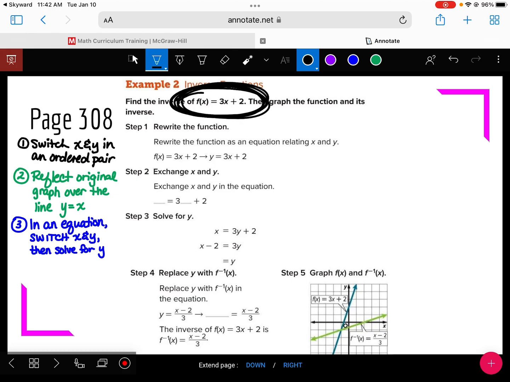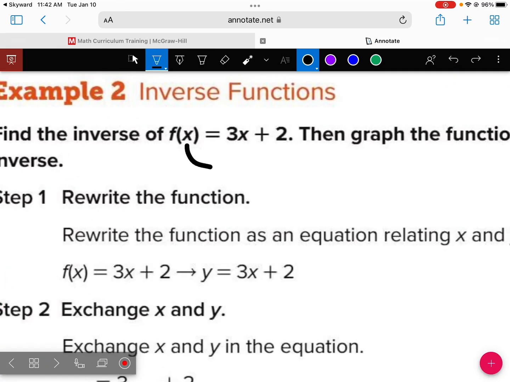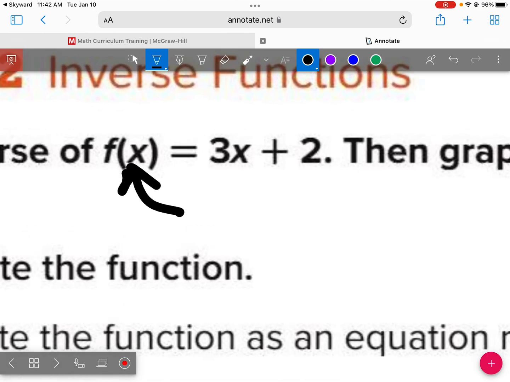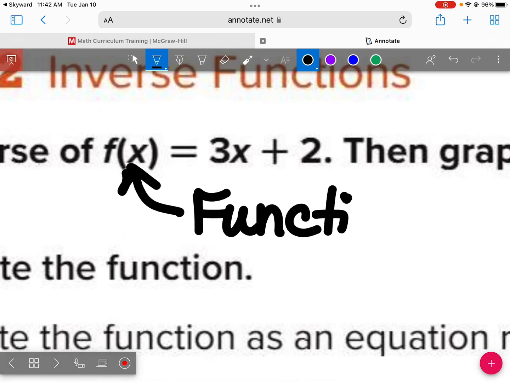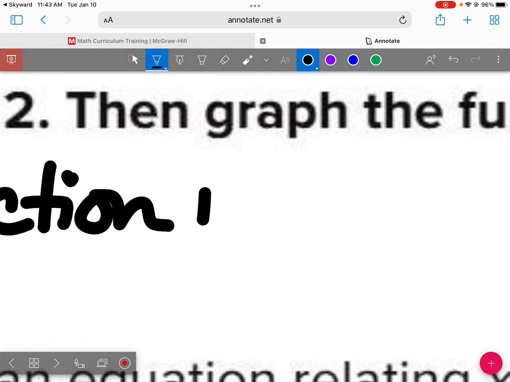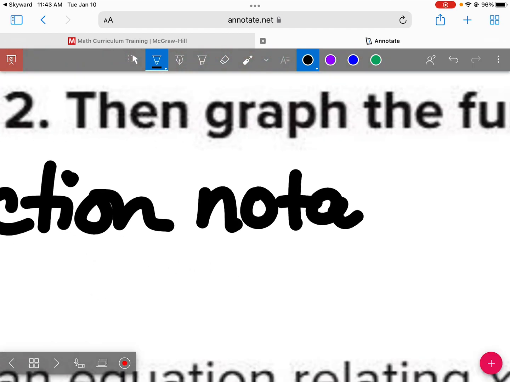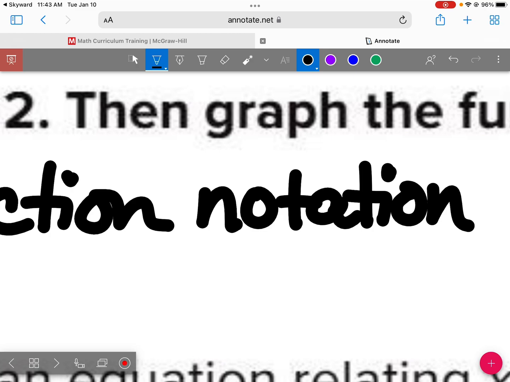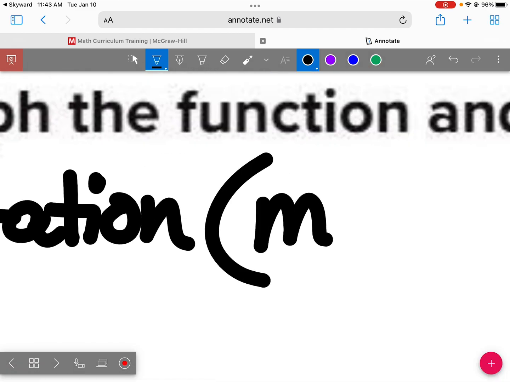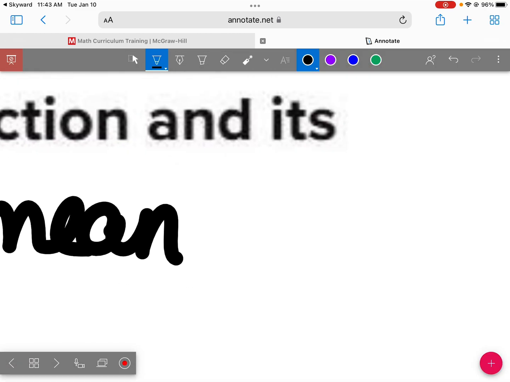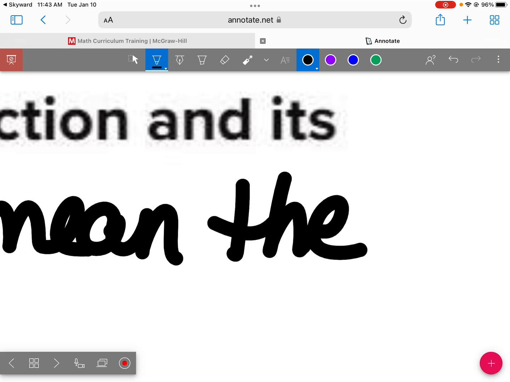Y is not there at all. F of x is called function notation, and function notation means the exact same thing as y.